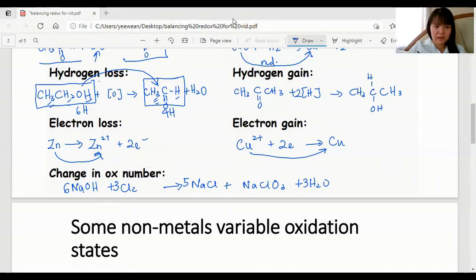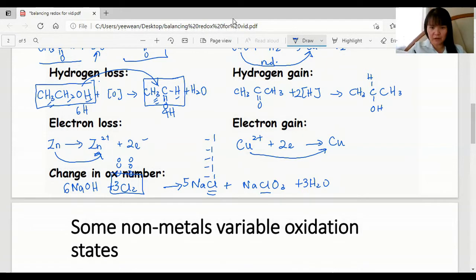Let's look at the oxidation number in chlorine here. There are 6 pieces of chlorine here, and each of them has an oxidation number of 0. 1, 2, 3, 4, 5, 6, all zeros. On the other side, there are 5 Cl minus here, so -1, -1, -1, -1, and another -1. And there is just 1 Cl here, and let's count its oxidation number.